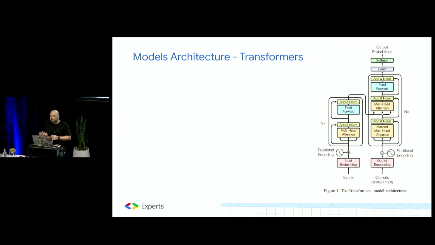Imagine if you try to understand a sentence. You don't just read each word in isolation. You consider the context, the relationship between the words, and how they contribute to the overall meaning of that sentence. This is precisely what the transformer architecture is really good at: capturing context and relationships between different tokens.